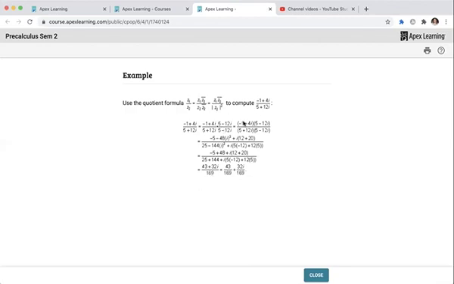Then we get to our top, and we're multiplying by our complex conjugate. So we're just FOILing out. Again, change i squared into -1, combine your real parts, combine your imaginary parts, and we're left with 43 plus 32i over 169.